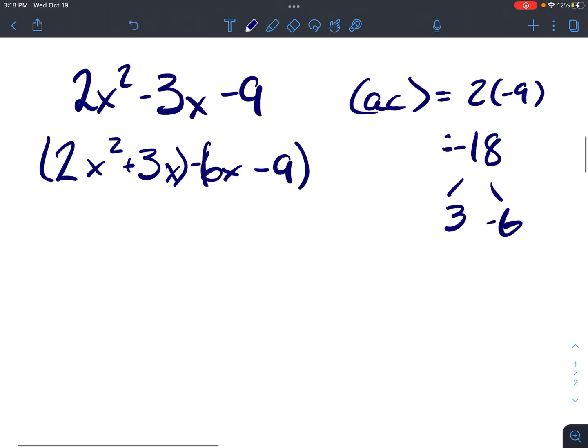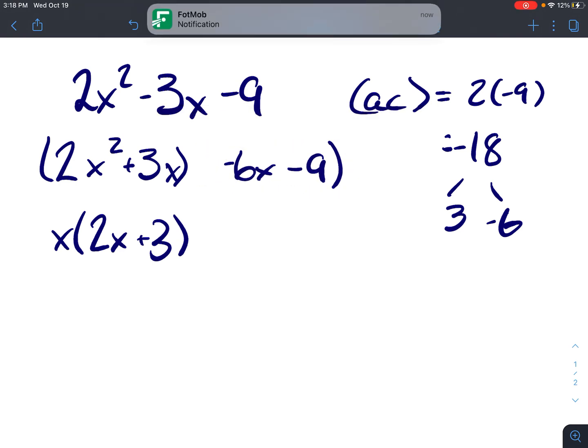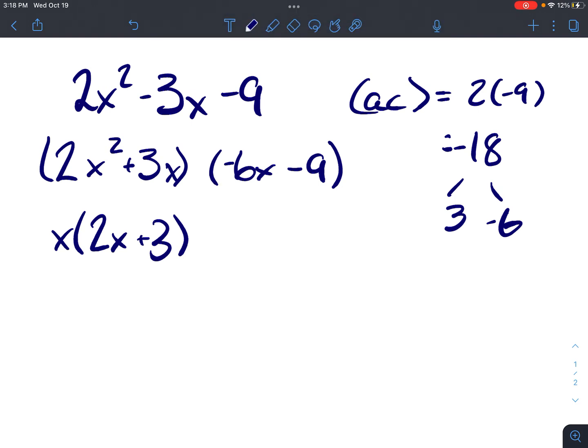And we factor. So we pull out, in this case, an x, because that's all we could pull out. So x times 2x plus 3. Now what I can do is pull out a negative 3, and be left with 2x plus 3.